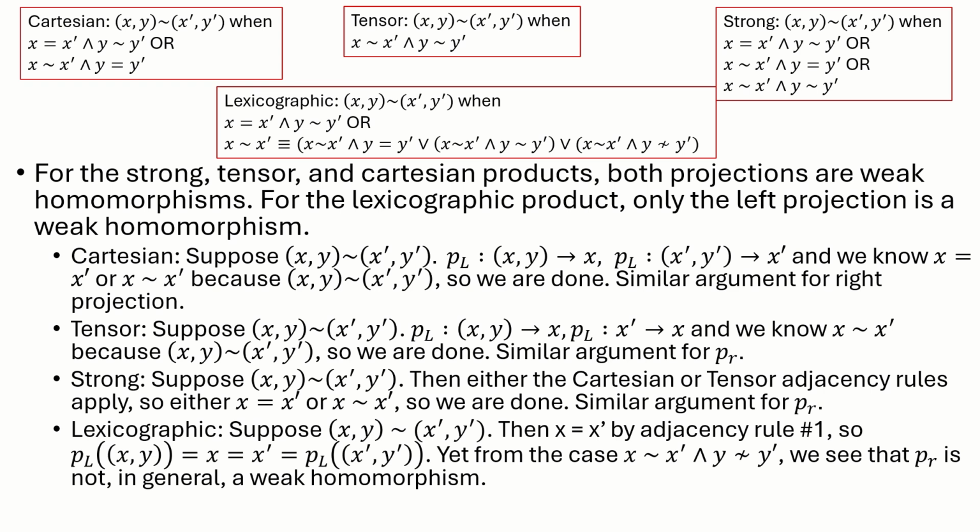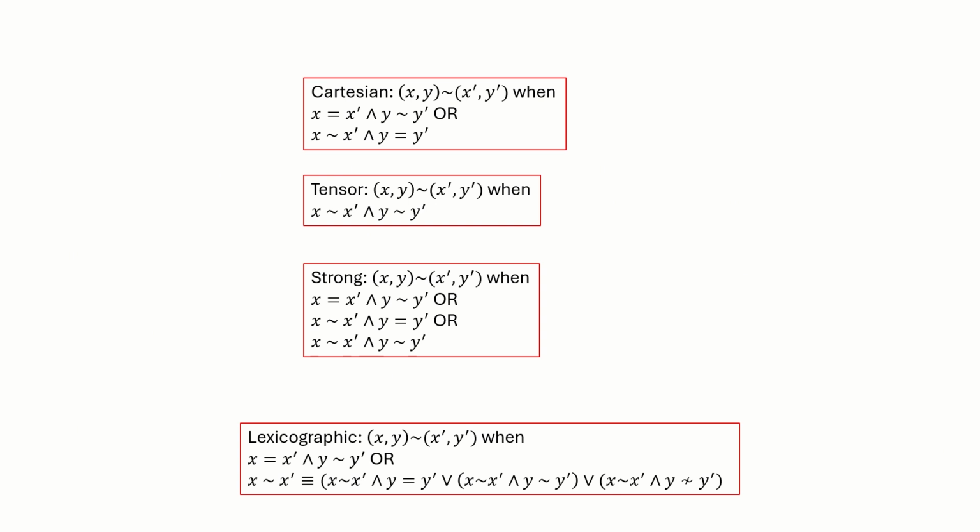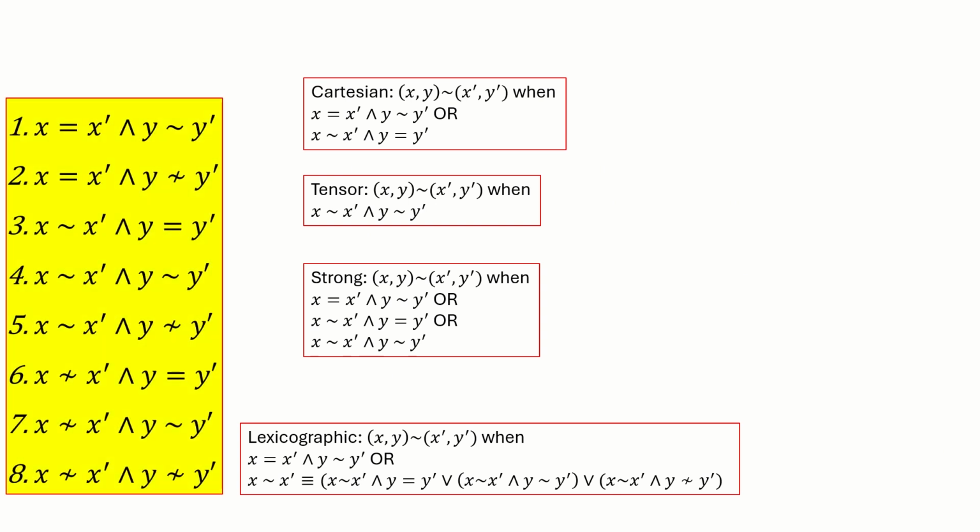Now that we've reviewed weak homomorphisms, I want to show you one more thing before we get into finding all of the associative graph products. Remember that there are 8 basic adjacency rules from which graph products are determined by selecting some subset of these adjacency rules.